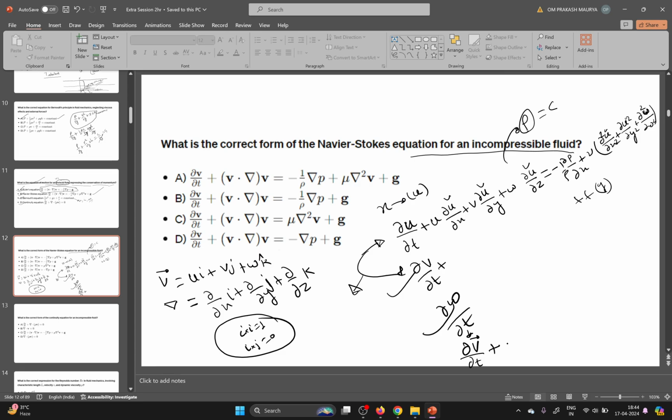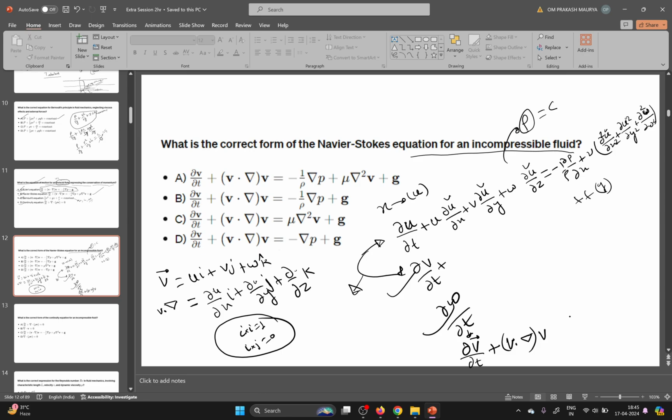If we write v dot del, when you multiply v dot with del, u, v and w will come. So you can write it like that, and this vector again when you multiply will be like that.